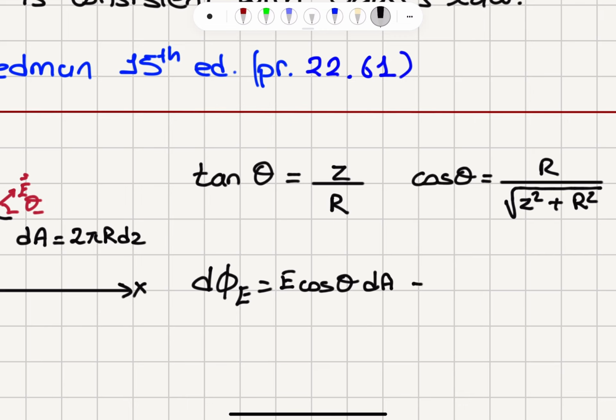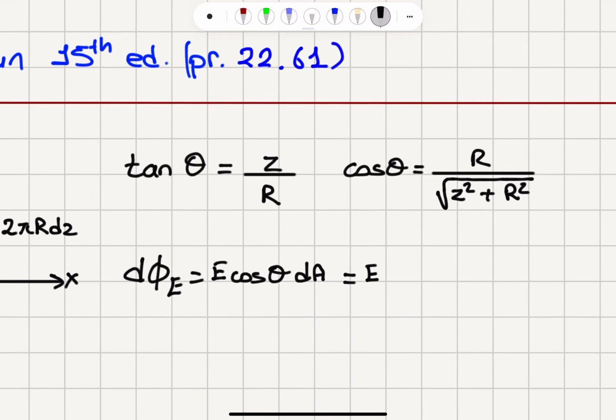So this is equal to E cosine theta multiplied with 2 pi capital R dz. So I have 2 pi capital R multiplied with R, which gives me 2 pi capital R squared dz divided by square root of z squared plus capital R squared.